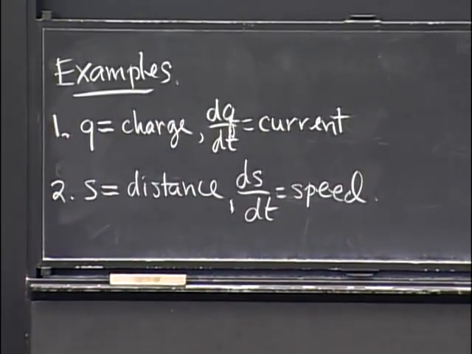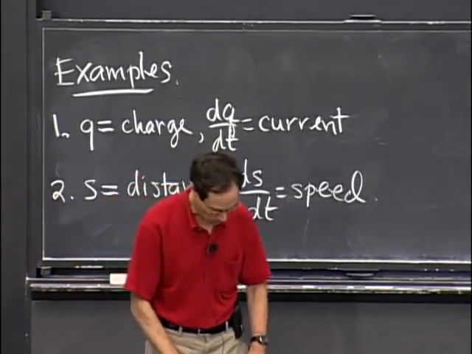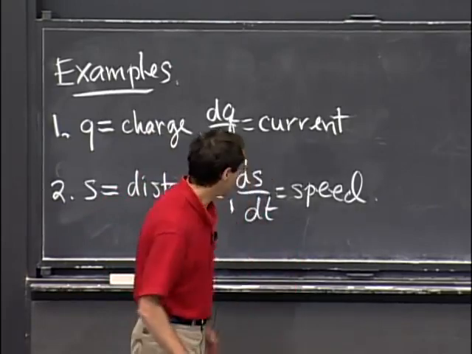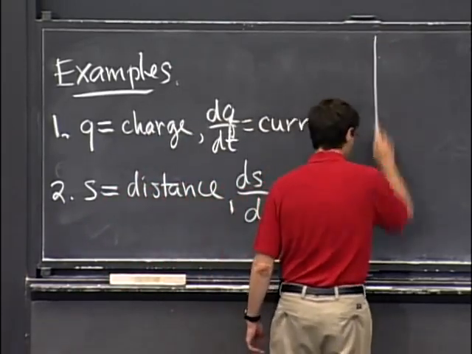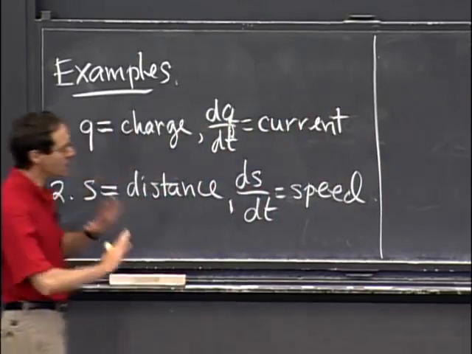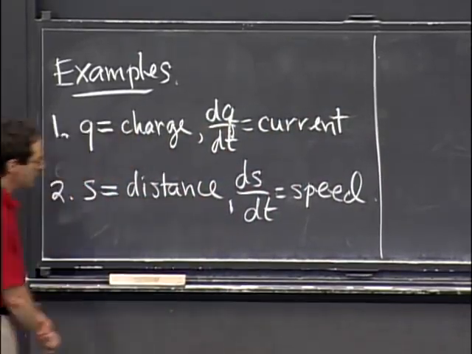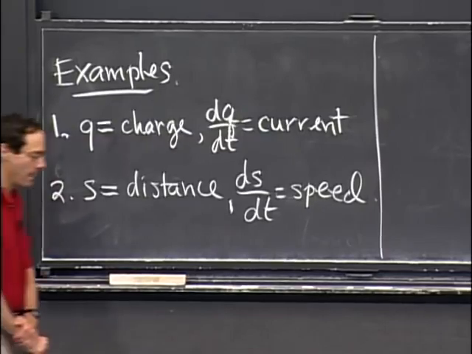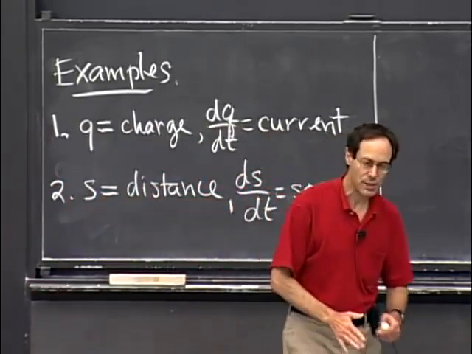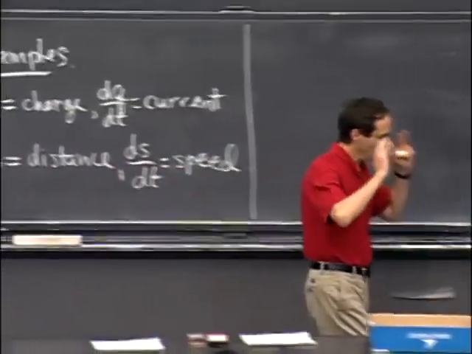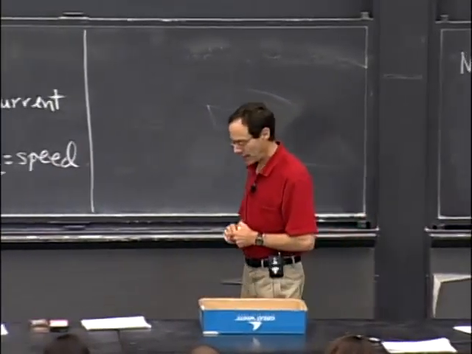So those are the two typical examples, and I want to illustrate the second example in a little bit more detail, because I think it's important to have some visceral sense of this notion of instantaneous speed. And I get to use the example of this very building to do that.